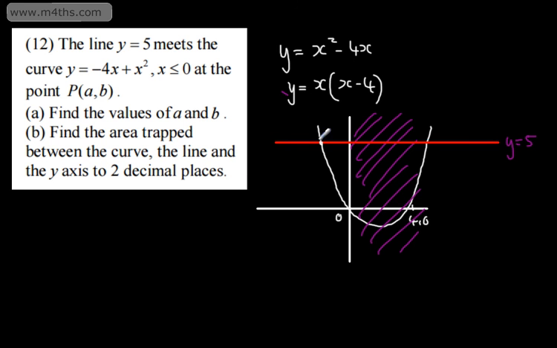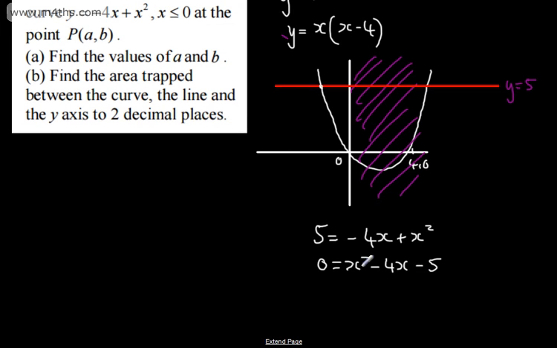So let's just find this point right here. We just set these equal. If y is equal to 5 and y is equal to negative 4x plus x squared, then 5 is equal to negative 4x plus x squared. So 0 is equal to x squared minus 4x, and then we're going to have minus 5. So what's that going to give me?